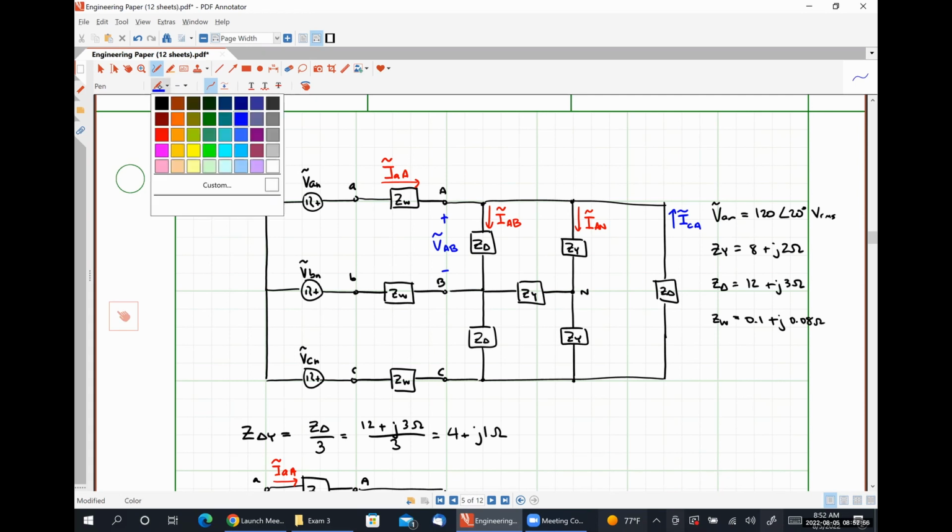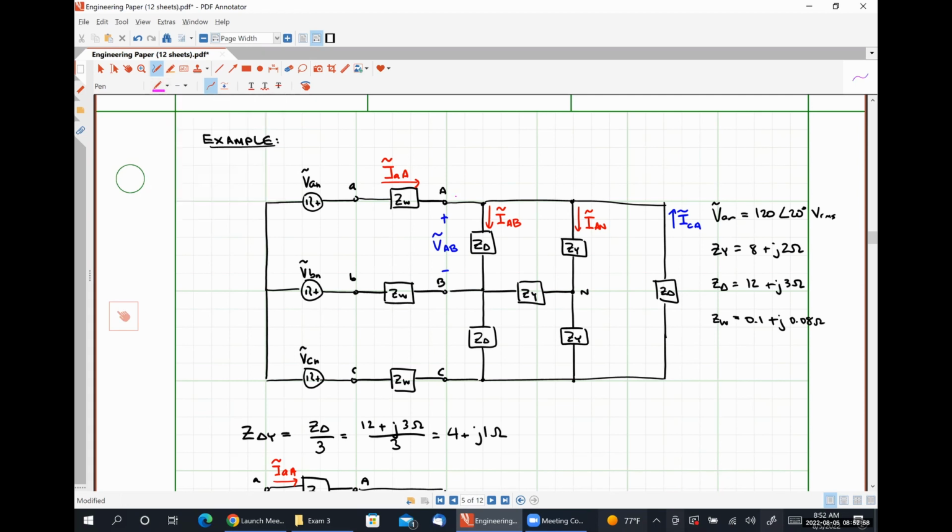So if we apply Kirchhoff's current law at this node right here, we'll have IAA and ICA flowing in, IAB and IAN flowing out.